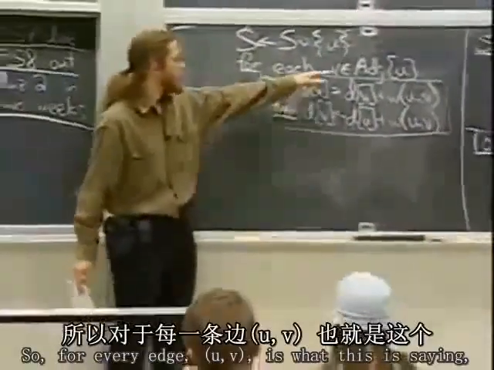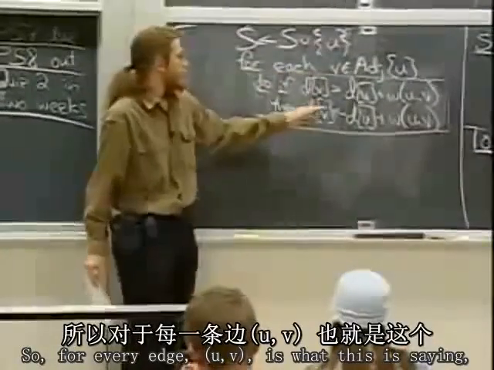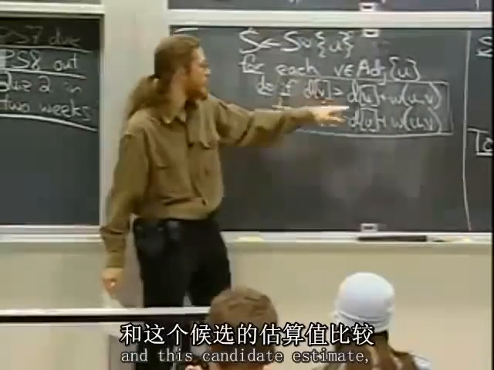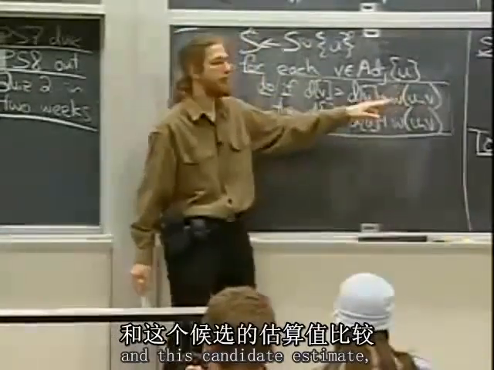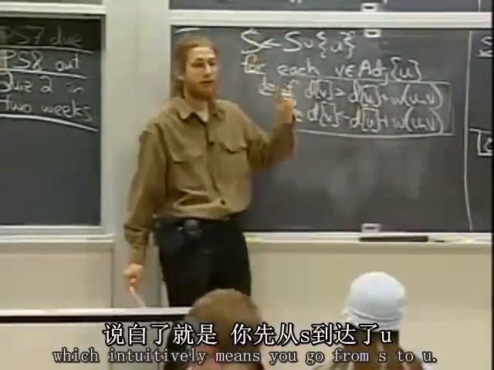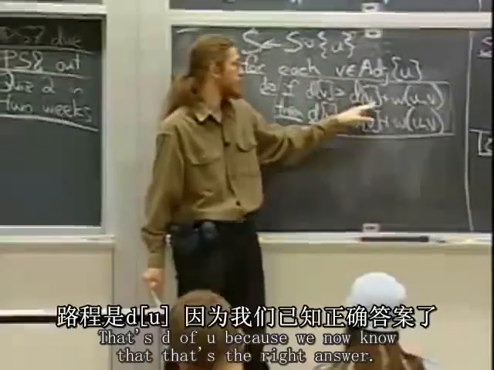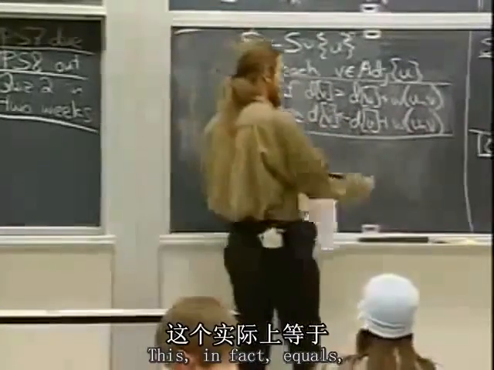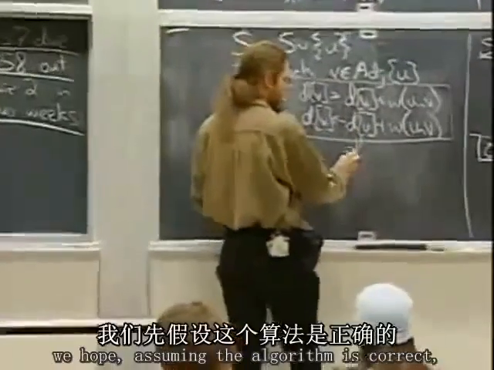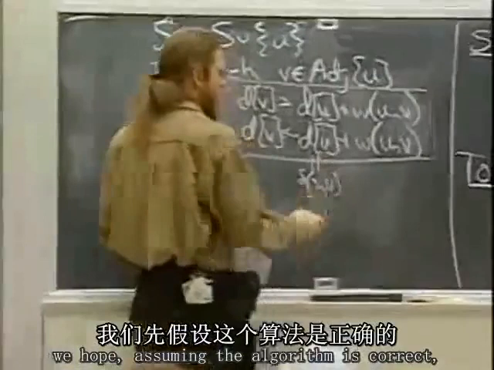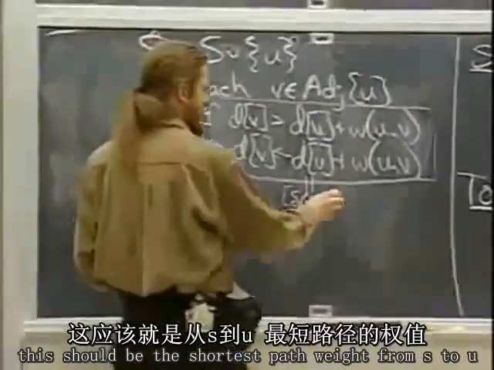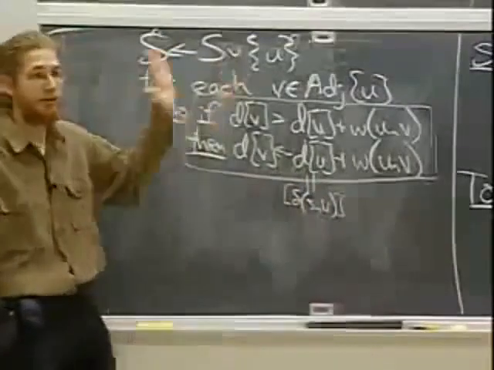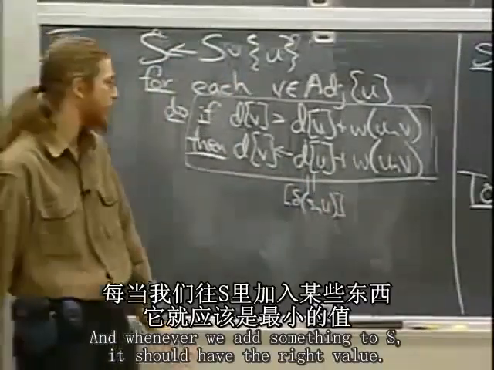So for every edge uv, is what this is saying, we're going to compare the current estimate for v and this candidate estimate, which intuitively means you go from S to u, that's d of u, because we now know that that's the right answer. This in fact equals, we hope, assuming the algorithm is correct, the shortest path weight from S to u, because we just added u to S, and whenever we add something to S, it should have the right value.